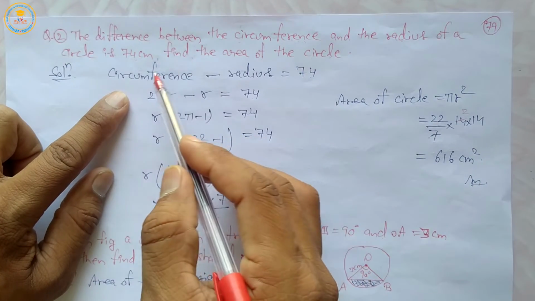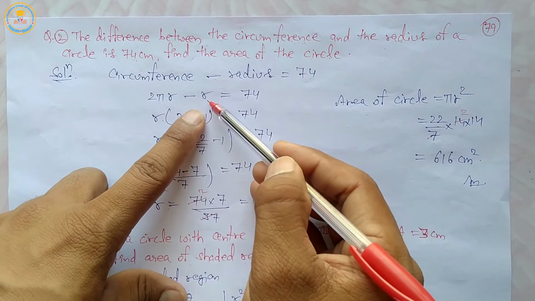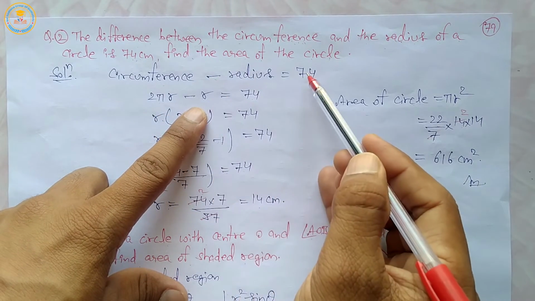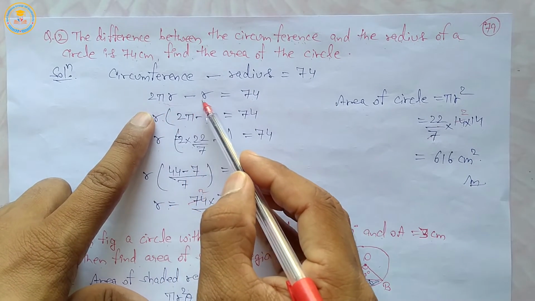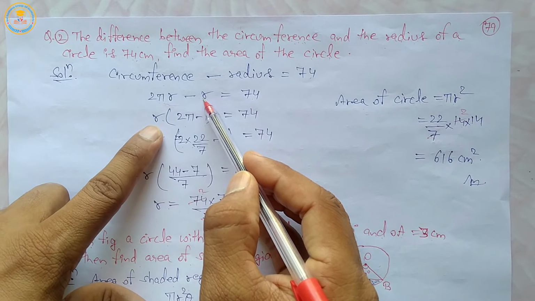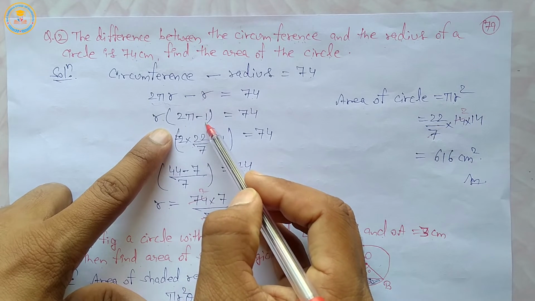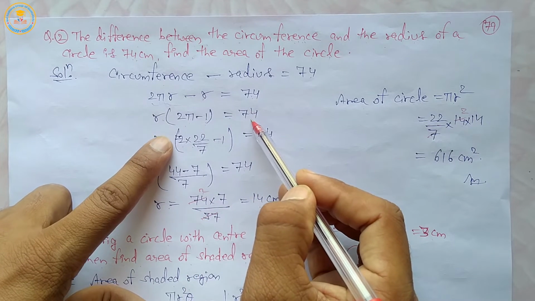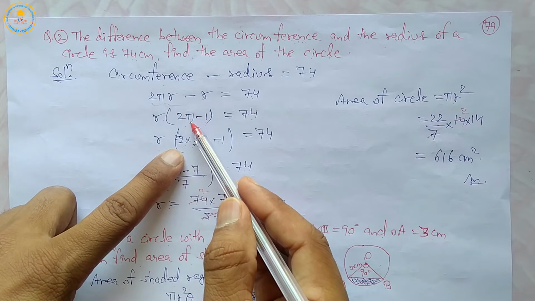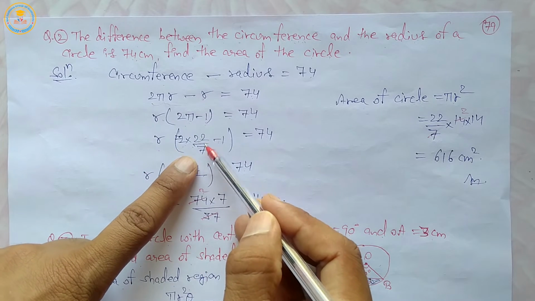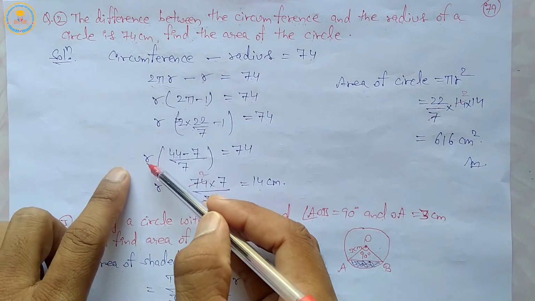Write as it is. We know circumference of circle is 2 pi r, radius r as it is, equals 74. Here we take r common, then the remaining part is 2 pi minus 1, equals 74. R as it is, 2 as it is, value of pi 22 upon 7, minus 1, equals 74.